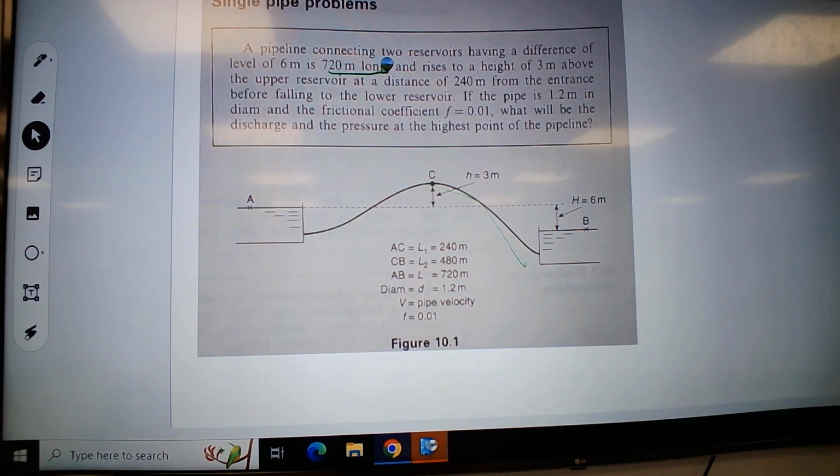And at a point it goes up 3 meter from the upper level of this reservoir.